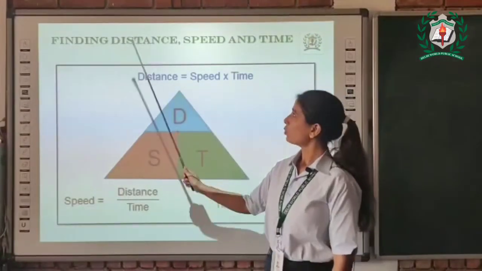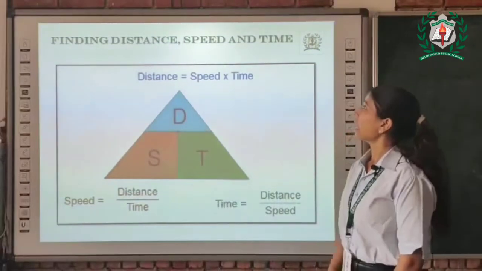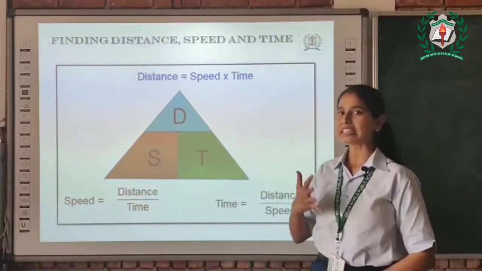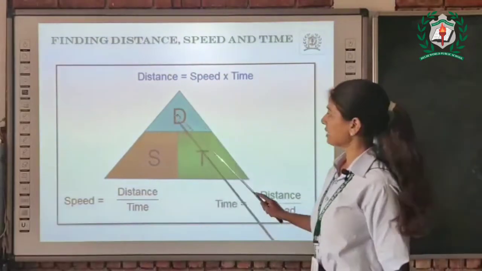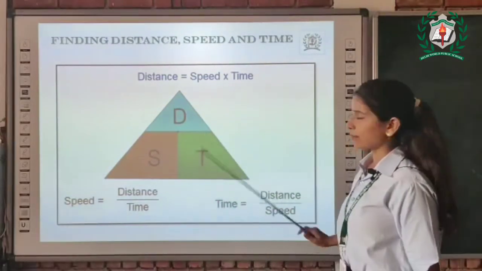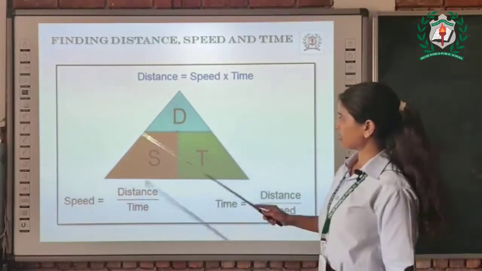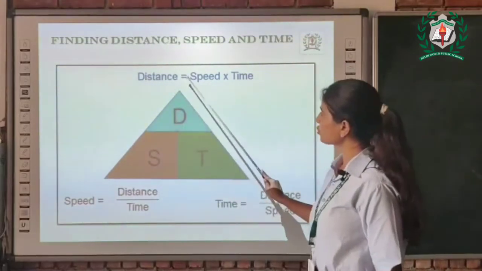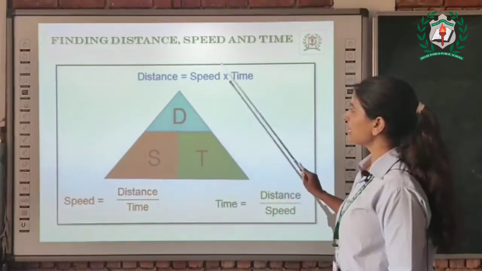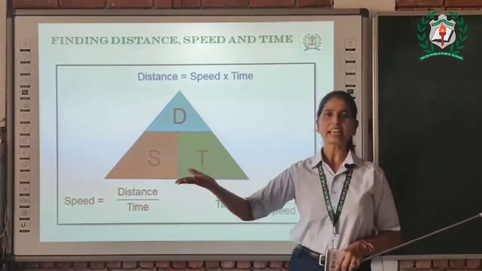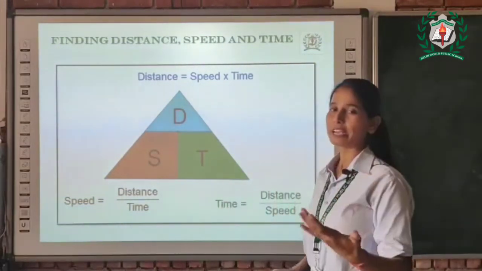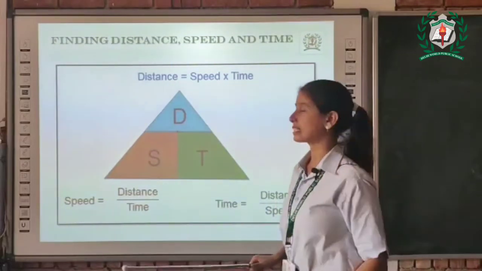Now we'll talk about finding distance, speed and time. There is a relation between distance, speed and time: distance is equal to the multiplication of speed and time. If a numerical gives speed and time, we multiply them to find distance.